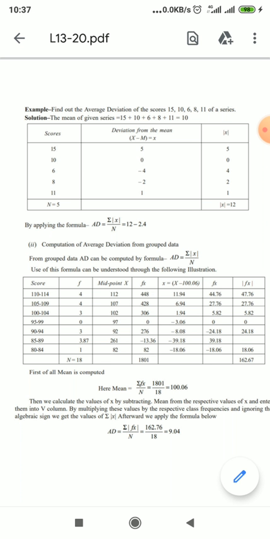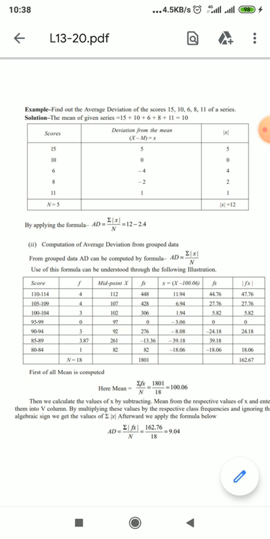How do you calculate the average deviation from grouped data? Here we consider the grouped data with scores like 80 to 84, 85 to 89, 90 to 94, 95 to 99, 100 to 104, 105 to 109, and 110 to 114.